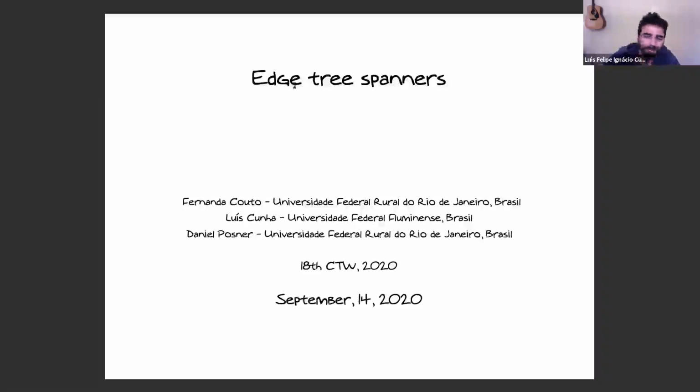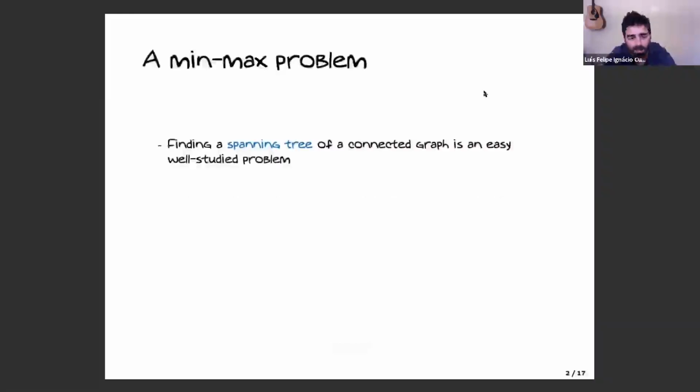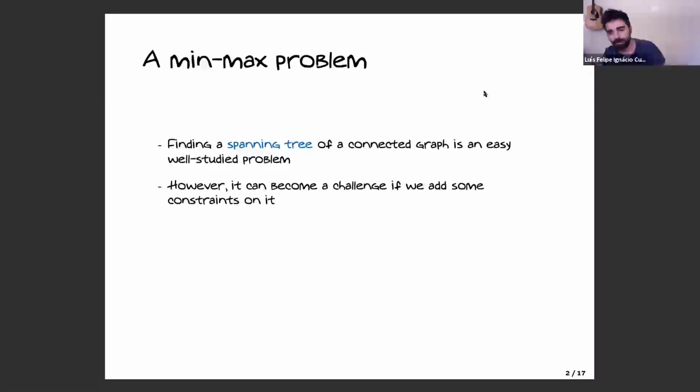My talk is about edge tree spanners. Problems with spanning trees are very classical in the literature of graph theory, and it's very easy to solve when you want to find just a spanning tree of a graph, as you may know. However, if we add some constraints on these kinds of spanning trees, such a problem can be much more difficult.